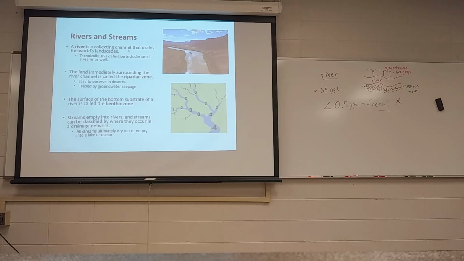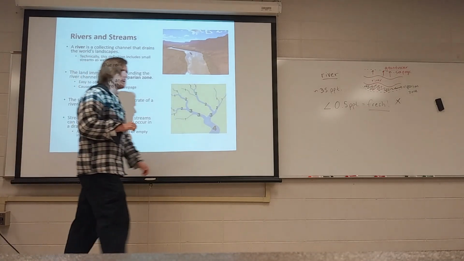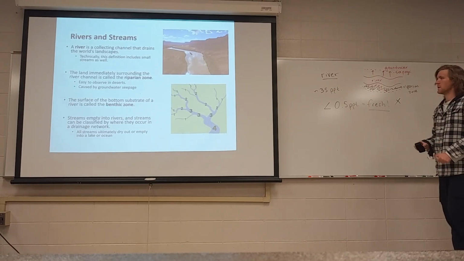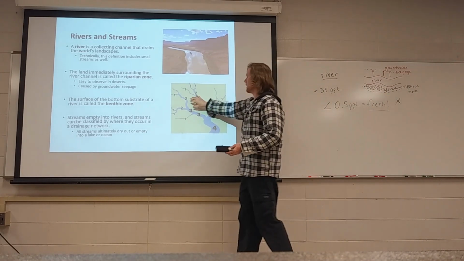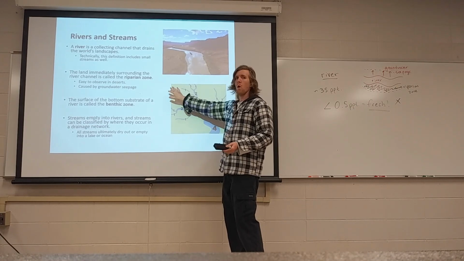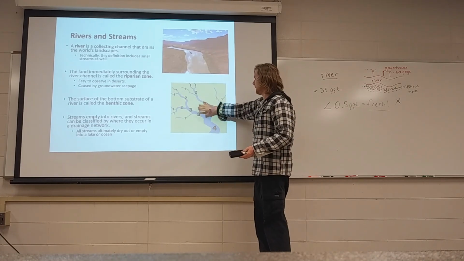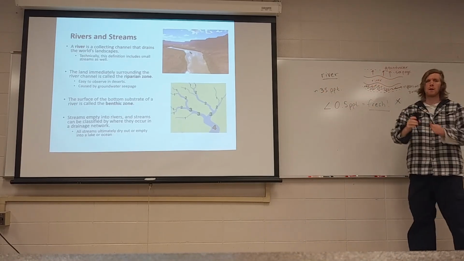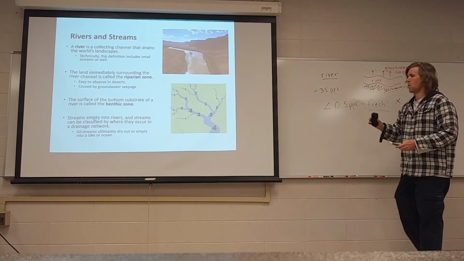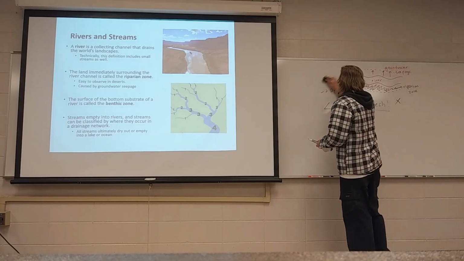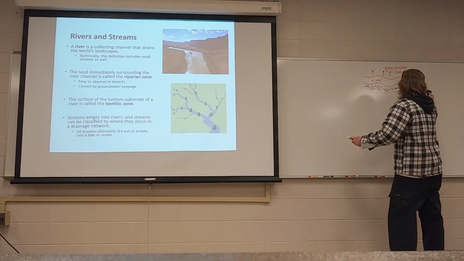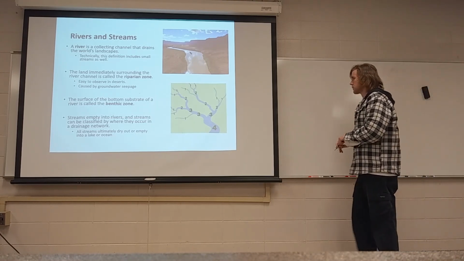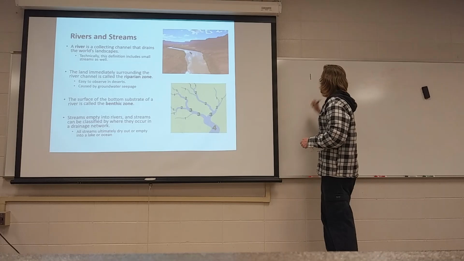So there's this thing called stream ordering, which is used to differentiate between streams that are near the headwaters and streams that ultimately have accumulated many others pouring their contents into them and becoming a much larger river. And if that didn't make any sense, hopefully this explanation will. So, stream ordering starts at 1.